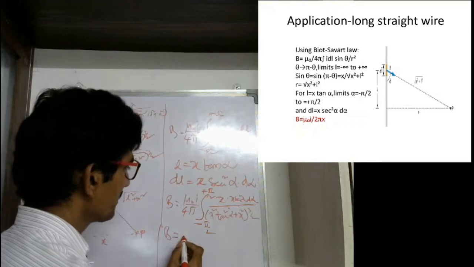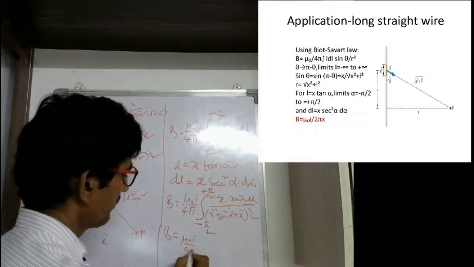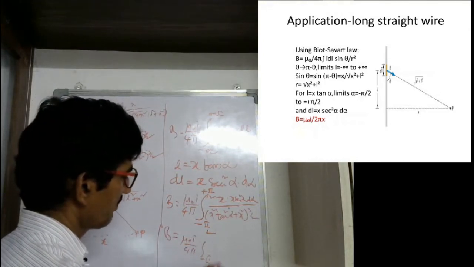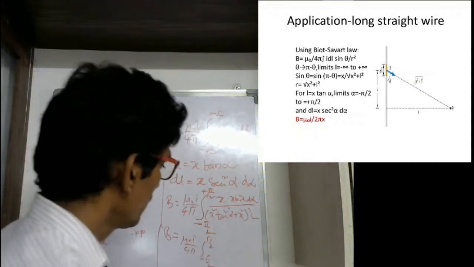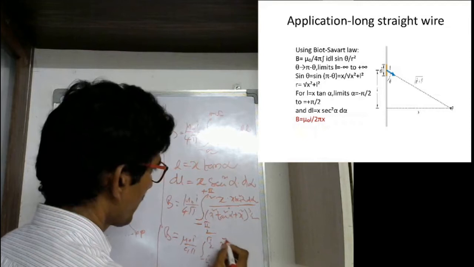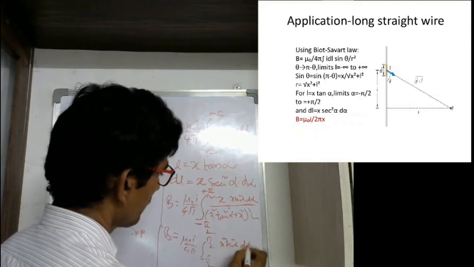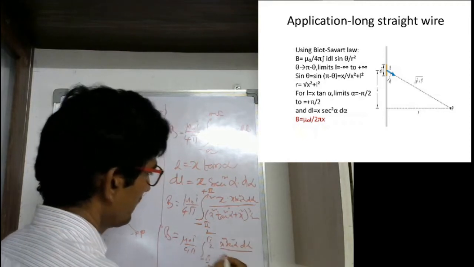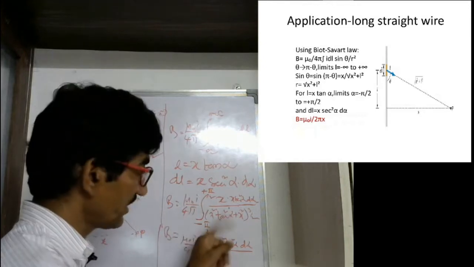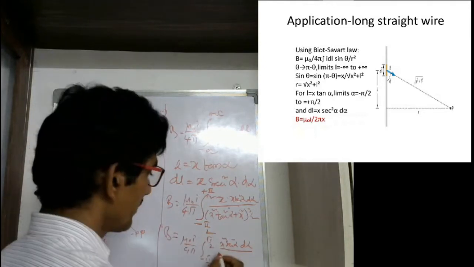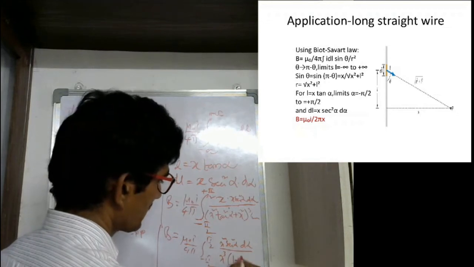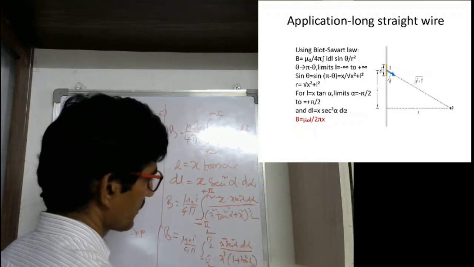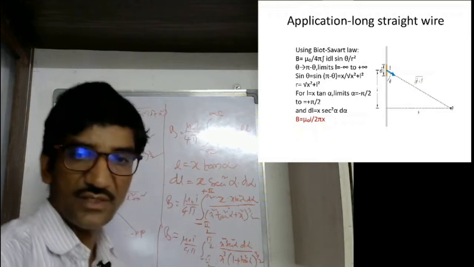So B is equal to mu naught I by 4 pi, minus pi by 2 to pi by 2, x square sec square alpha d alpha by x cube, taking x square outside means x cube, inside the brackets 1 plus tan square alpha whole to the power of 3 by 2.